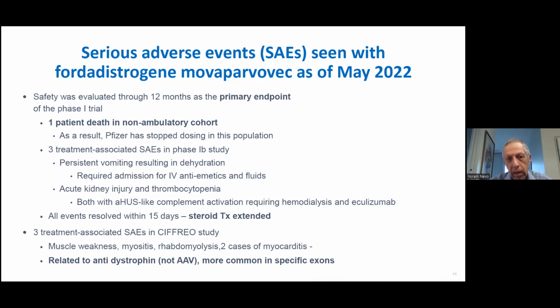Later on, if we have some time in the questions, we may address the rationale of this decision. So this study was stopped. Sarepta restarted dosing in the US, but in Israel, so far, we didn't get the approval to redose the patients.